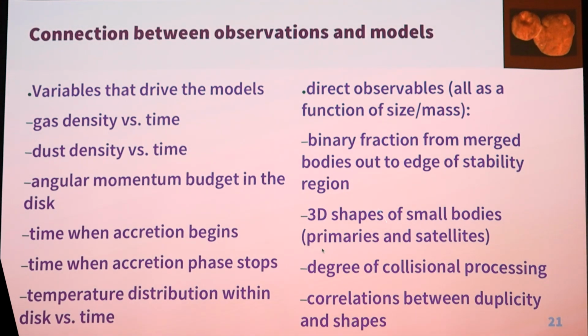We want to get 3D shapes of small bodies and how much collisional processing, correlations between duplicities and shapes. Also, I should point out that this does require a statistical approach to getting population statistics, because with TNOs, in our lifetimes, you get one viewpoint on a TNO.